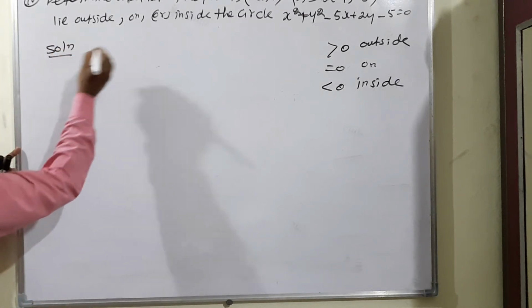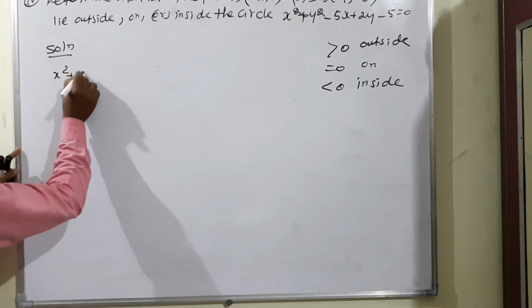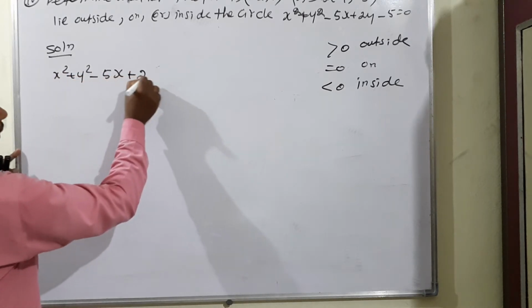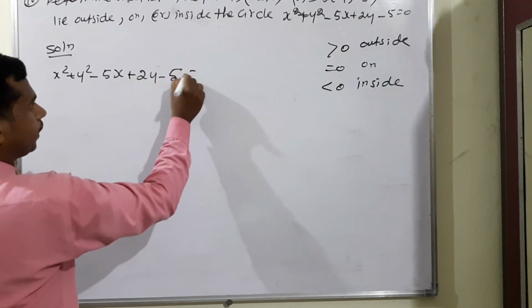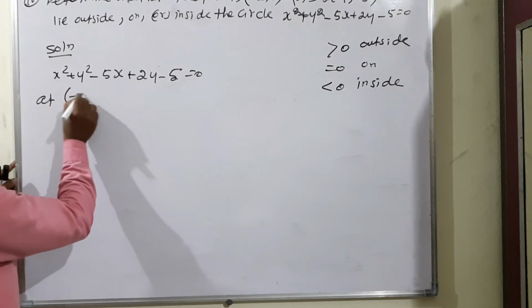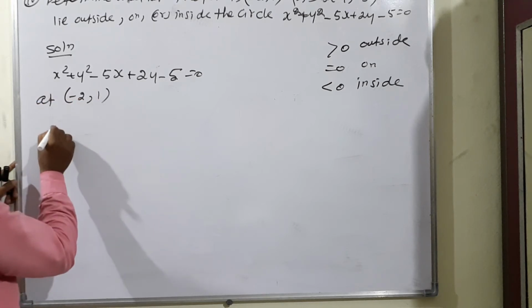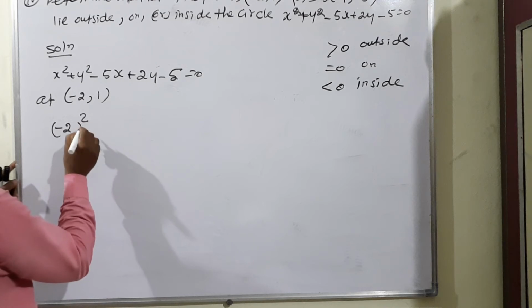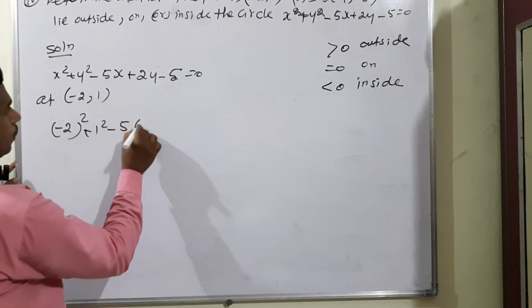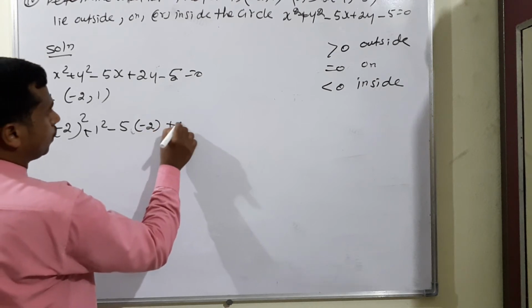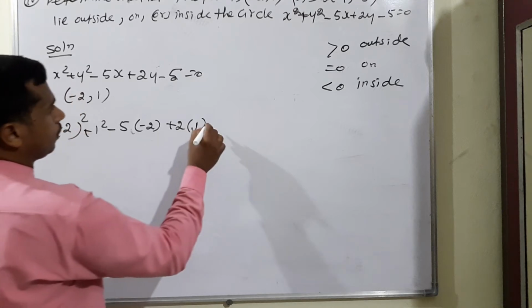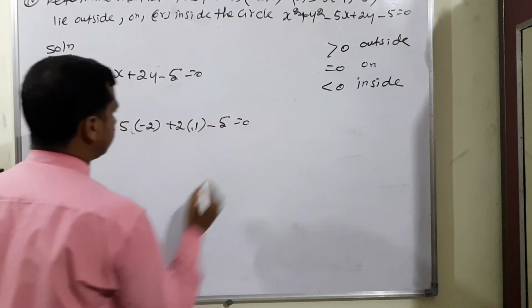Solution. First one, x square plus y square minus 5x plus 2y minus 5 is equal to 0, at the point minus 2, 1. What will happen? So minus 2 the whole square plus 1 square minus 5 into minus 2 plus 2 into positive 1 minus 5 is equal to 0.